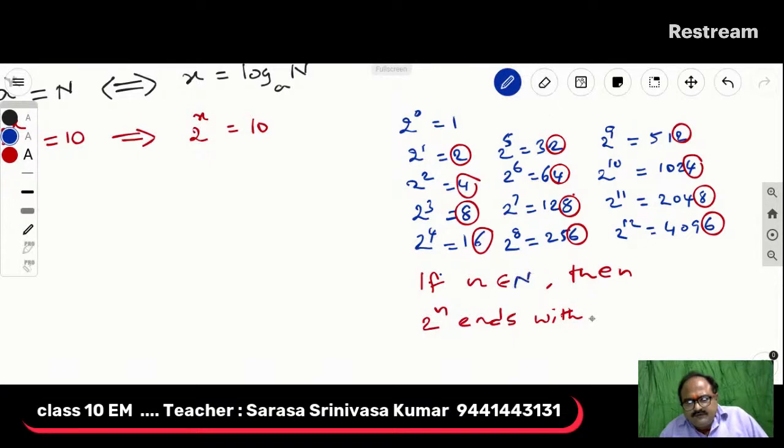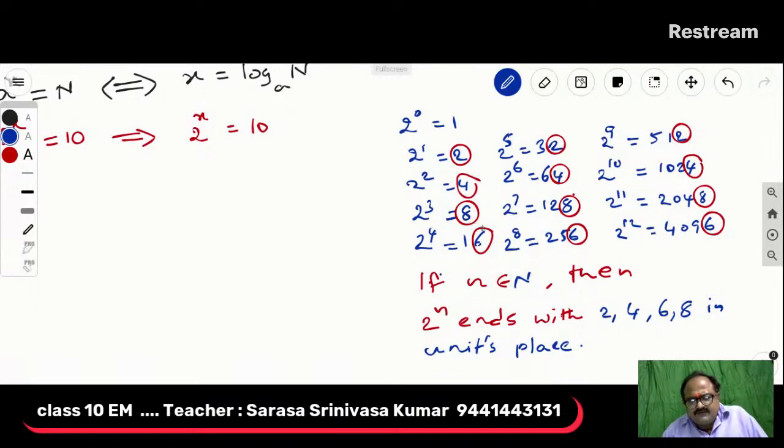Then 2 to the power of n ends with 2, 4, 6, 8 in the units place. This is a very important concept.